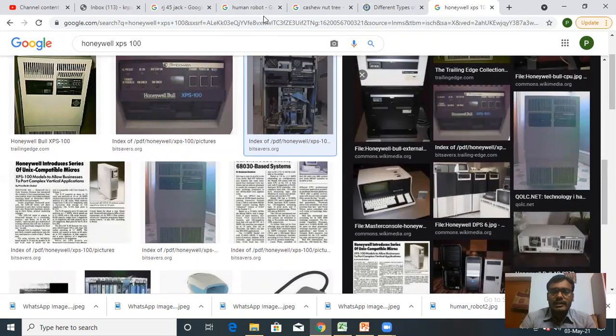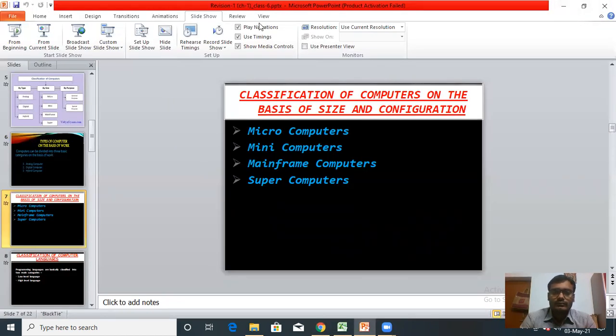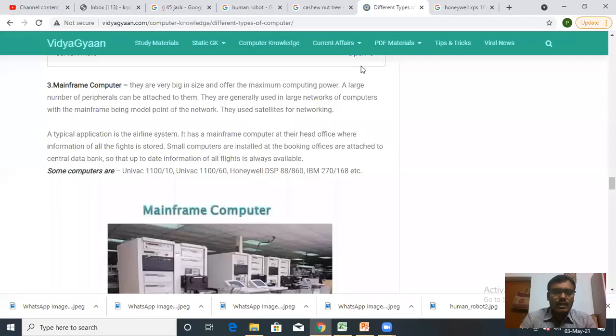Now let us move to a different topic. Now next is mainframe computer. They are big in size and offer the maximum computing power. A large number of peripherals can be attached to them, and generally mainframe computers are used for servers.